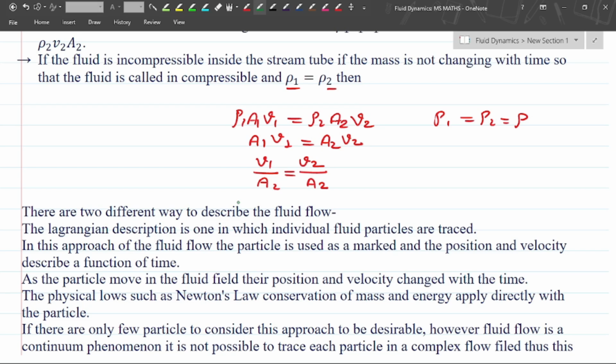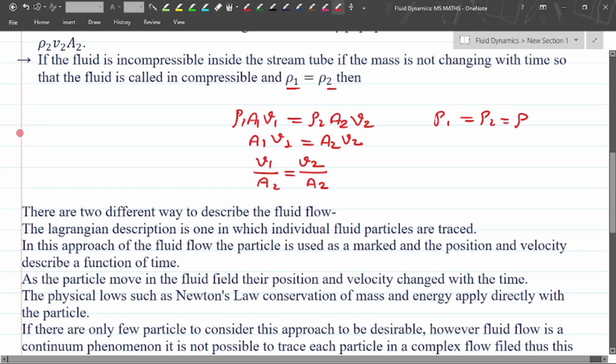We'll discuss it in a simple way, starting with fluid flow in a river. So there are two approaches to understand the fluid flow. First is the Lagrangian specification of the flow, and second one is the Eulerian specification of the flow.